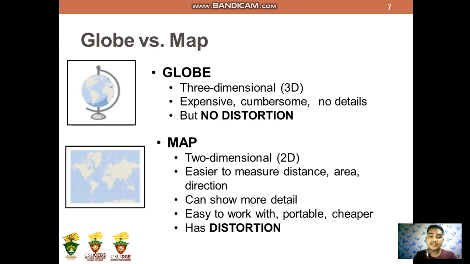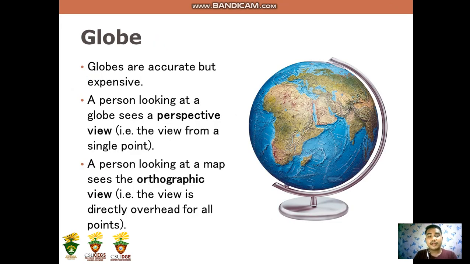But the disadvantage is na siya distortion. So kung makita nimo diha sa map, magdepende na siya kung unsa nga projection ang gigamit ana. Kung di conserve ba niya ang shape, di conserve ba niya ang size and direction, etc. So globes are accurate but expensive.